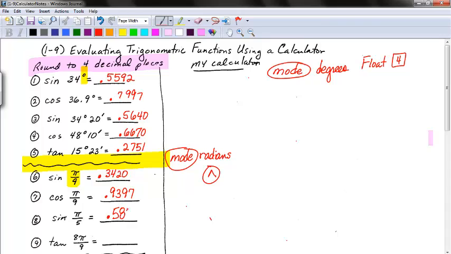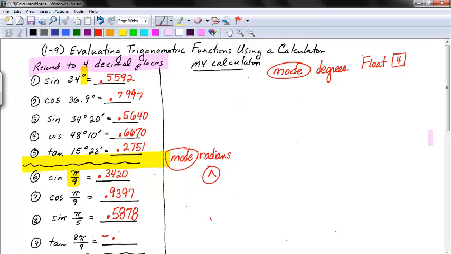How are we doing? Okay, now tangent. Now, notice this is 8 pi. Does the calculator understand it without a times sign in between? Yes. So do tangent 8 pi divided by 9. Should get a negative. Now, why is that answer negative?